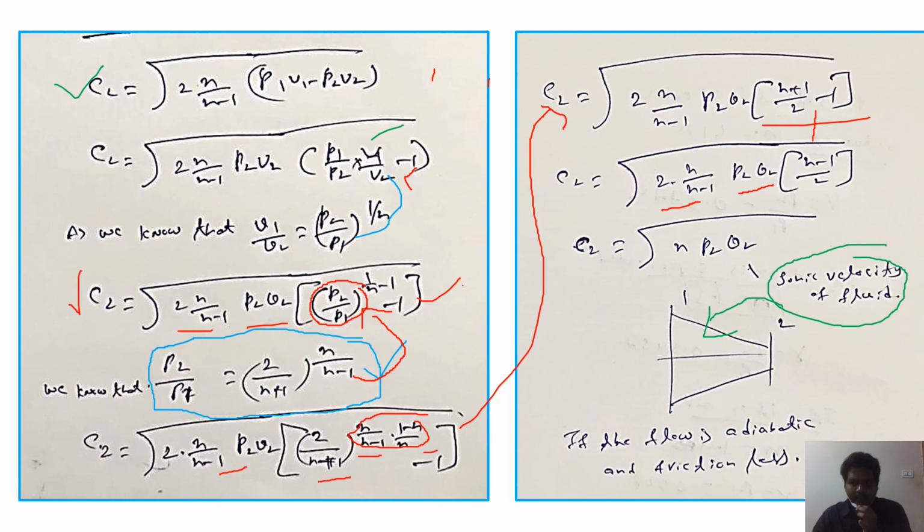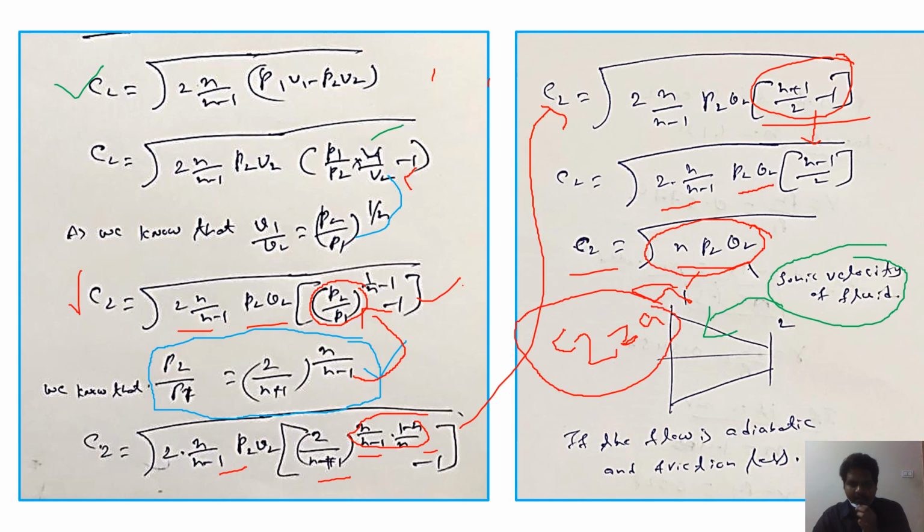If we simplify this term, it is n minus 1 by 2. So finally C2 equals square root of n into P2 V2. This is the sonic velocity. Generally we write it as A. So C2 equals A. This is the sonic velocity in the convergent nozzle.